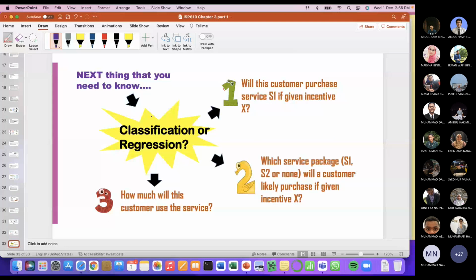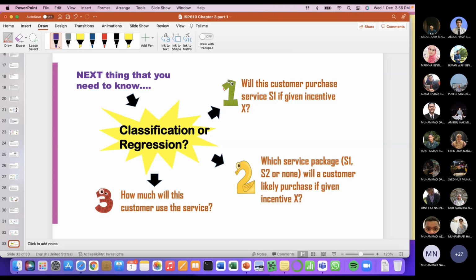And the next thing is for classification and regression, you need to know a few things. This is for the telco case study. The first one: will this customer purchase service 1 if given incentive X? Will they purchase that service if they get that incentive? The second one: which service package, S1, S2 or none, will a customer likely purchase if given incentive X?